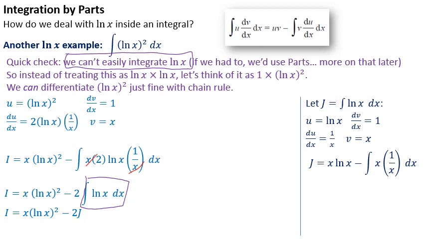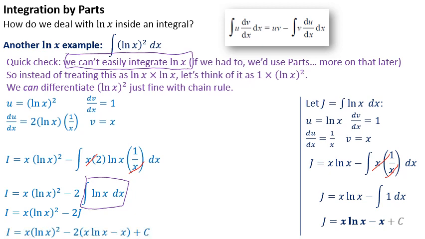And rather satisfyingly, just like we had before, there's an x on the bottom, there's an x on the top, they cancel out, but unlike the previous one, there is nothing else in the integral. So the whole thing reduces down to the integral of 1 with respect to x. Well, we know what that integrates to. We get x ln x minus x plus c.